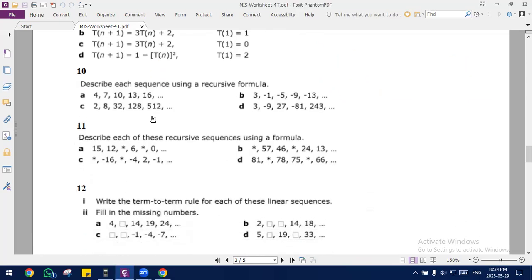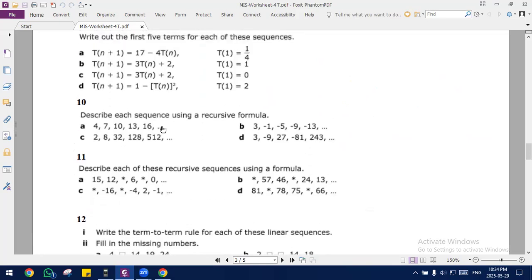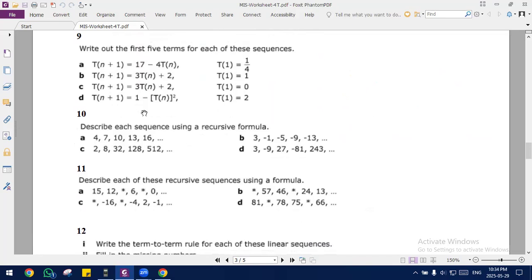Question 10. Describe each sequence using a recursive formula. Recursive formula means, similar to question 9, the previous one. Let me explain some of them, not all of them, because it's the same thing. So recursive formula means I need to talk about Tn plus 1, like the second one. Tn plus 1. What is it equal to? It's equal to the previous one. Let me write Tn and then check what I should do.